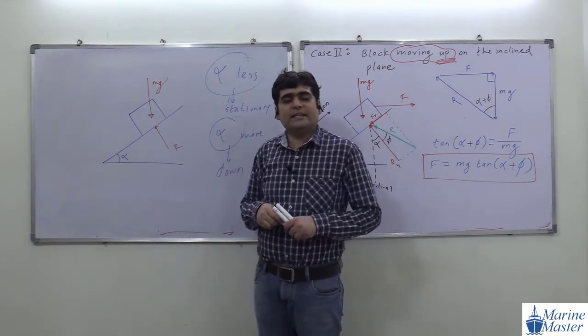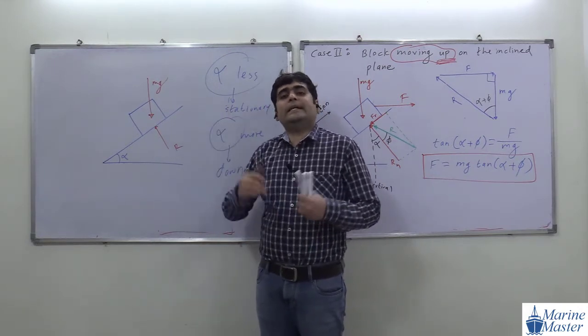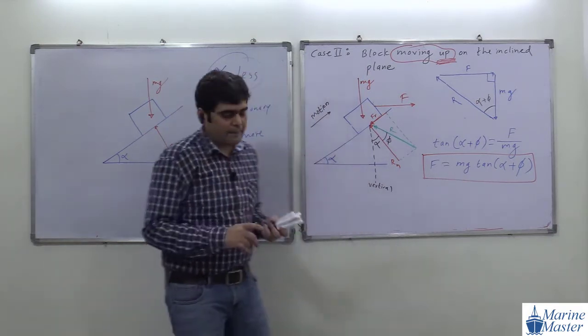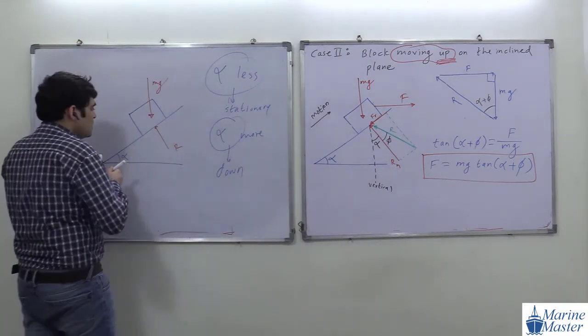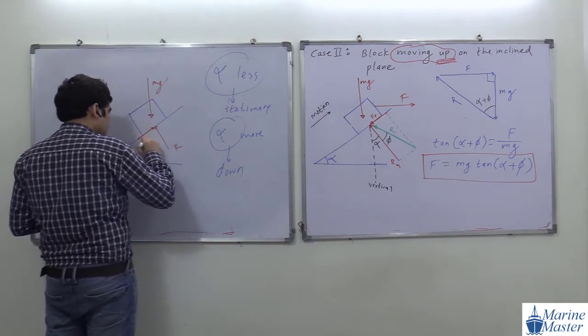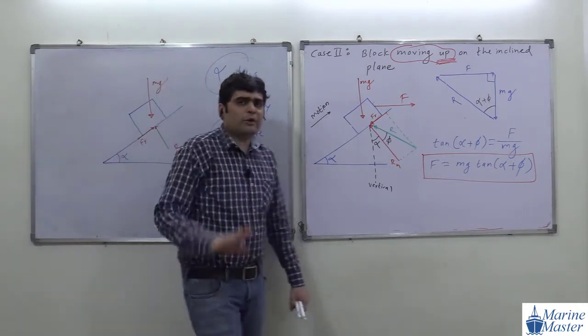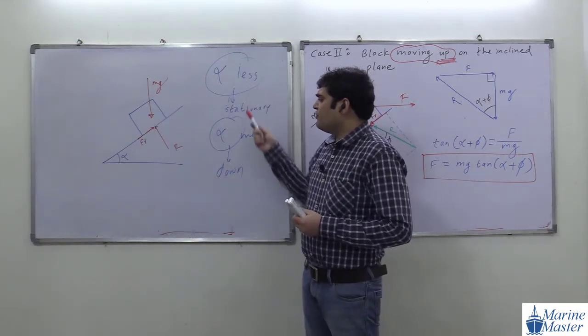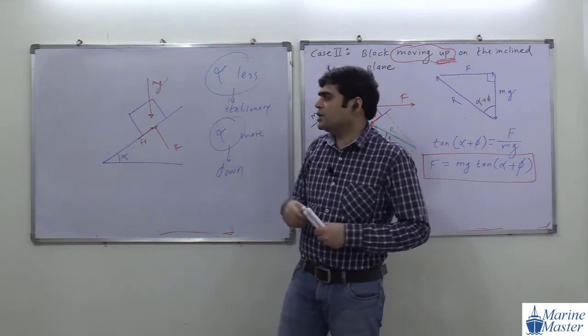It is not compulsory that the object always goes down, but it will try, due to its own weight. So the friction force acts like this. Now my question for all of you: at what particular value of alpha will the object go down?